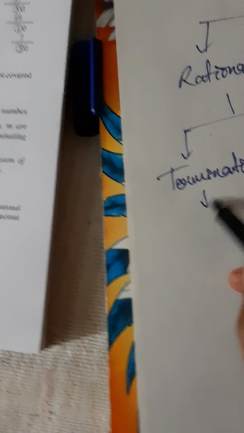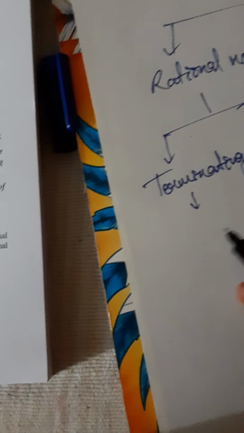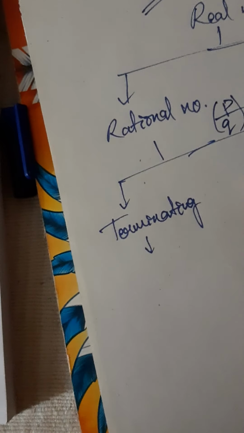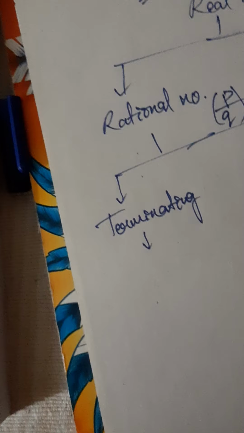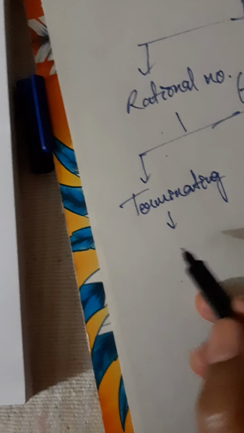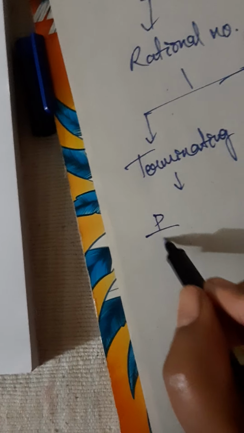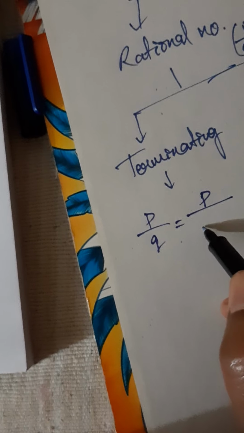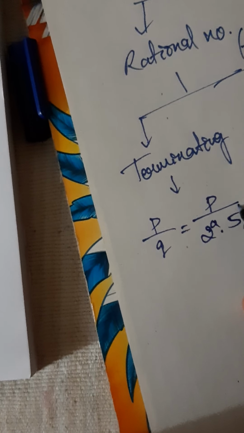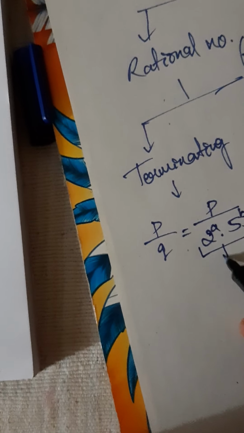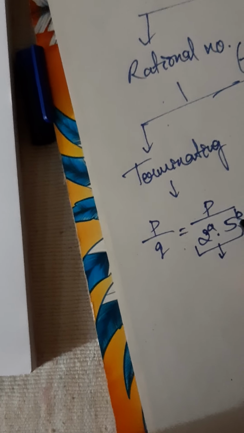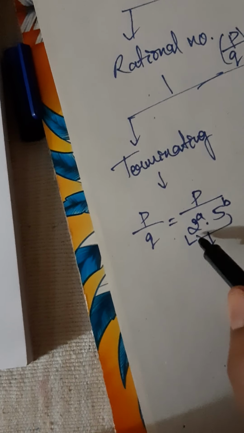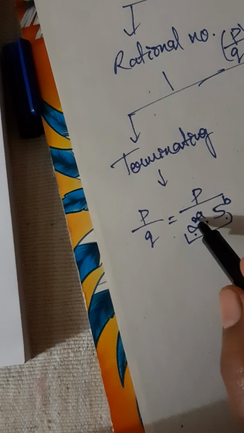Okay, for terminating, in our rational numbers we have p by q, where q is not equal to 0. For terminating decimals, we take it as p by 2 to the power a into 5 to the power b. In the lowest form, the denominator must be of the form 2 raised to a and 5 raised to b.